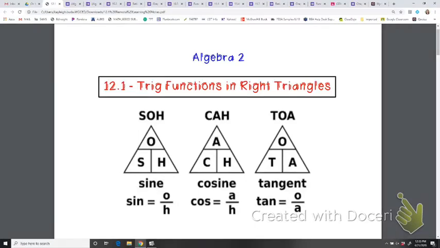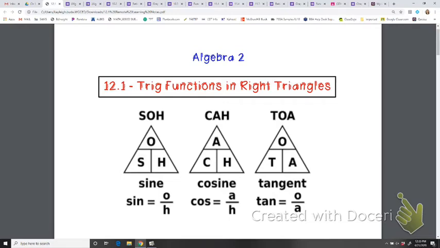Okay, this is the first lesson of chapter 12, which is focused on trig functions and right triangles. You'll be using this a lot in geometry next year and then in trig and calculus later on in high school. For the trig functions, there's a little saying that helps you remember this: SOHCAHTOA. SOH means S stands for sine, which is one of the trig functions, and that means opposite side over hypotenuse.